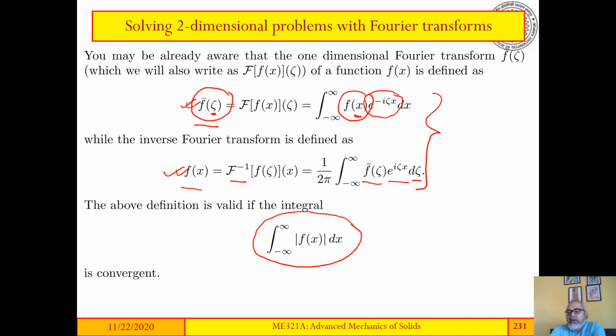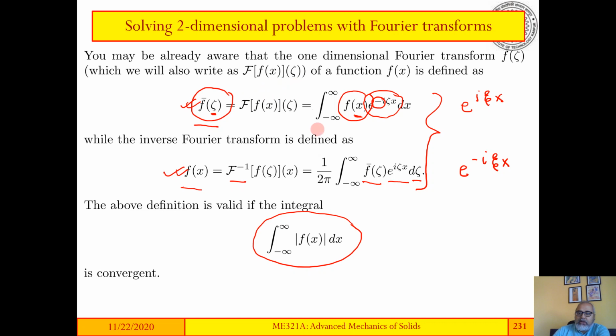Now, in many books, slightly different definitions are used. So, for example, we have used the minus sign in the forward Fourier transform. Many books use e to the power i zeta x for the forward Fourier transform, and then use e to the power minus i zeta x for the inverse Fourier transform.